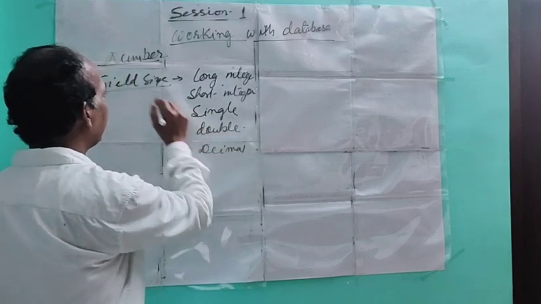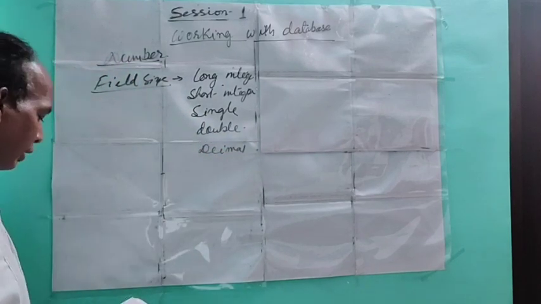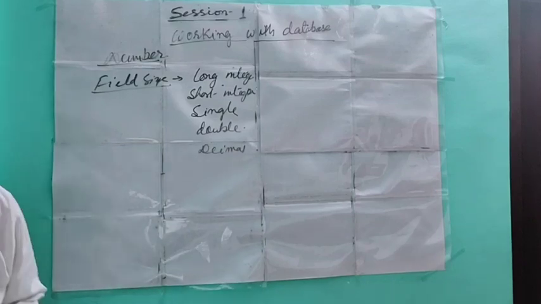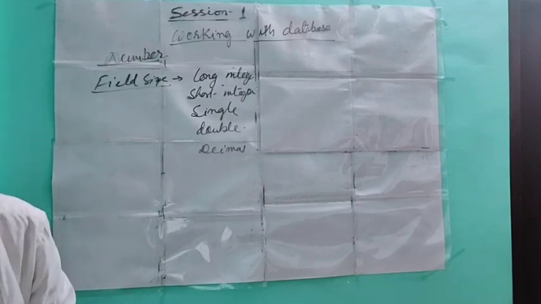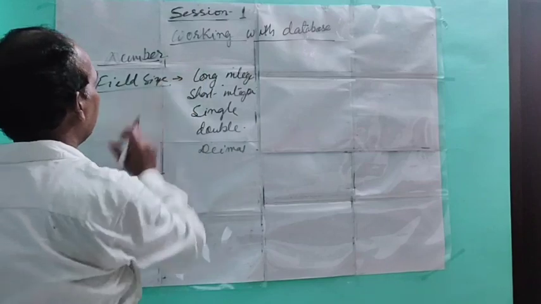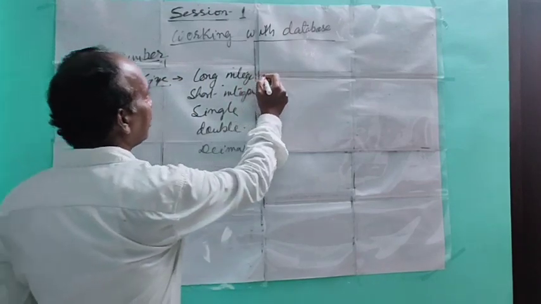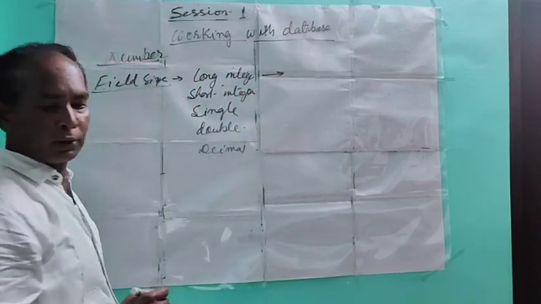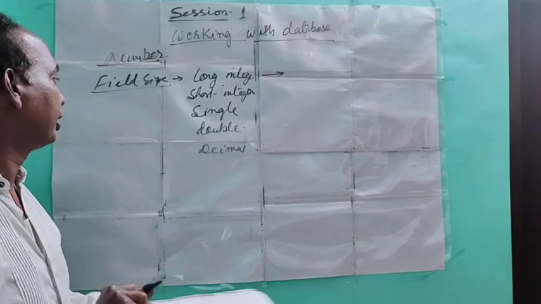So these are the different field sizes of numbers. The value range of the integer is not decimal.